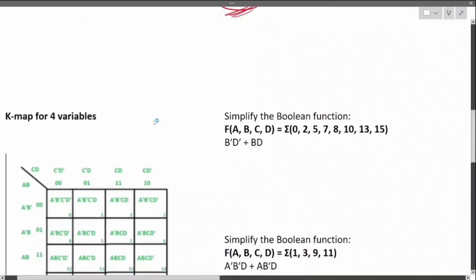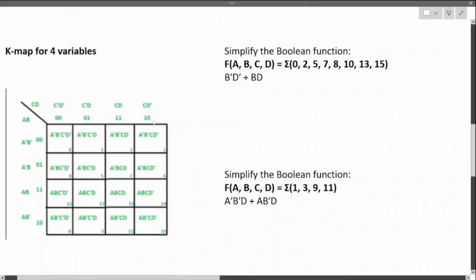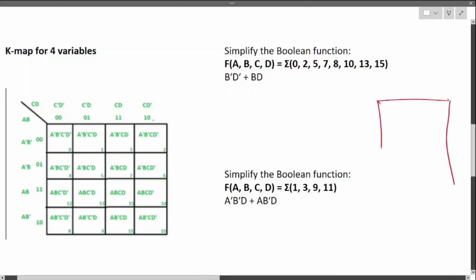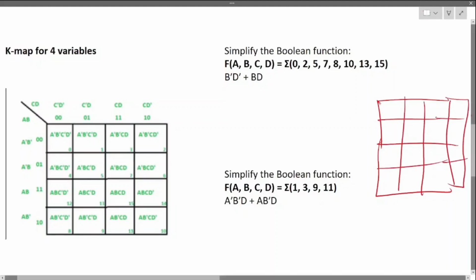Now let us move to the KMap for 4 variables. Listen carefully, this is the most important topic. If you learn this, you will get the entire idea of KMap. Now draw the box like this. 4 variables means here you will get 16 cells, like 2 power 4, 16.